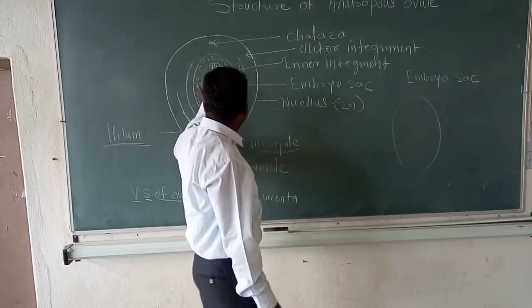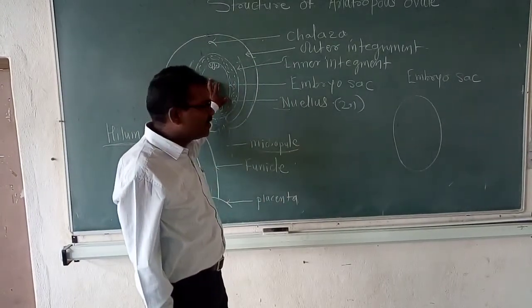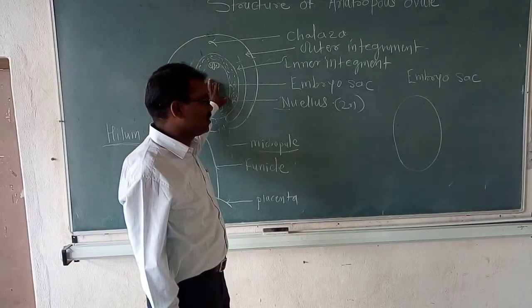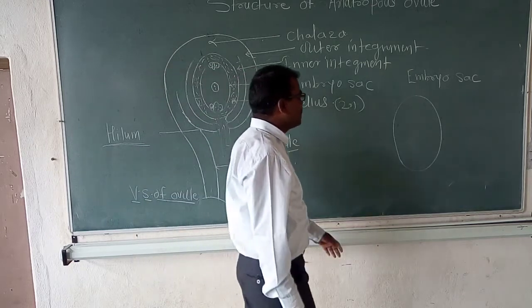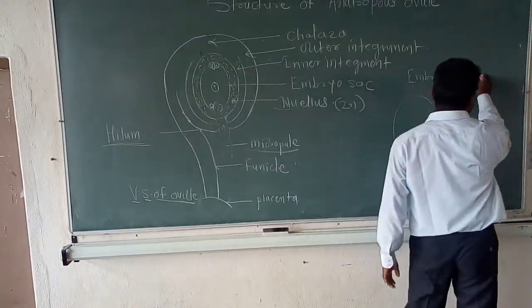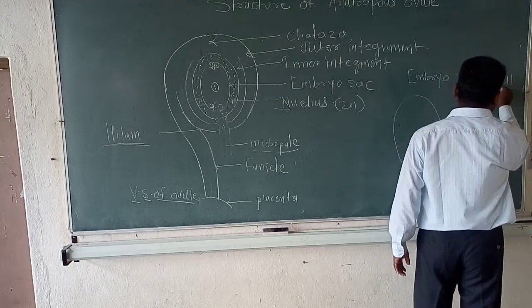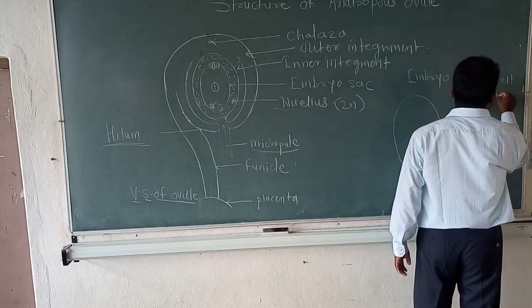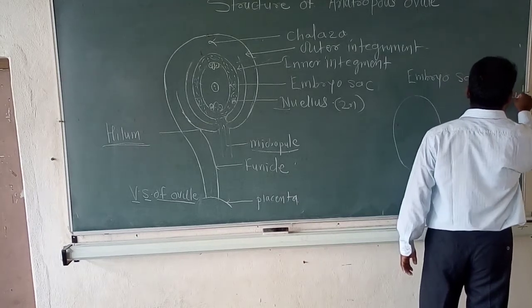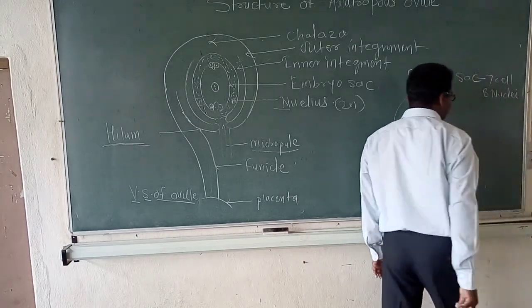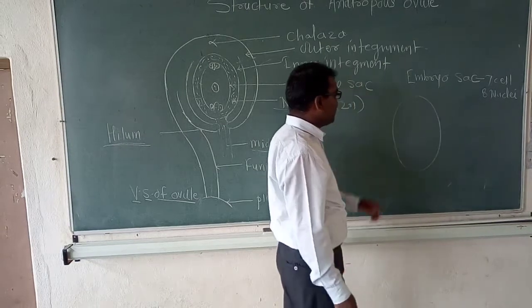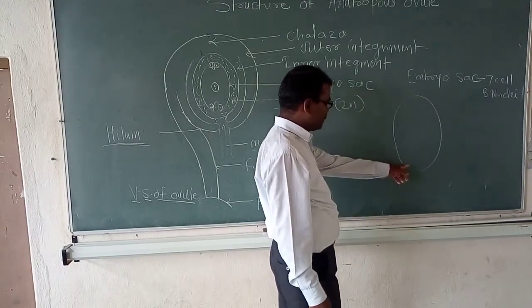Actually, it is formed after maturity inside the ovule. The embryo sac is a 7-celled, 8-nucleated structure. 8 nuclei, plural term.